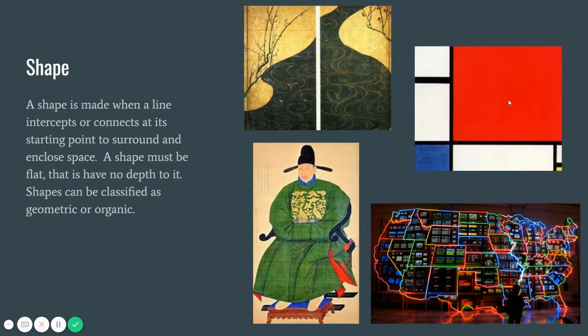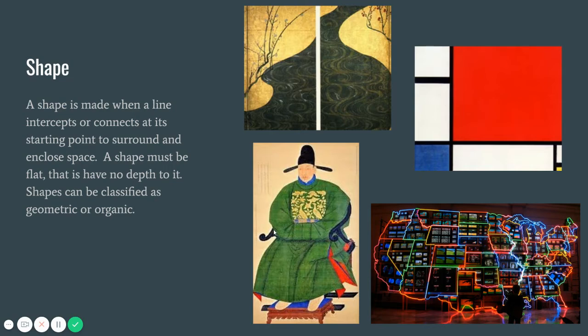This Mondrian painting over here in the corner is very straightforward. I mean, we're looking at squares and rectangles. They have all different hues, but it's a composition of shape. Here we have a painting that is very, very flat. And looking at just the hat of the emperor here, you can see that really that is a flat black shape, okay?